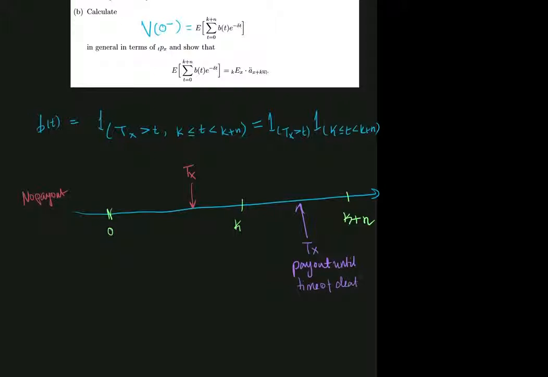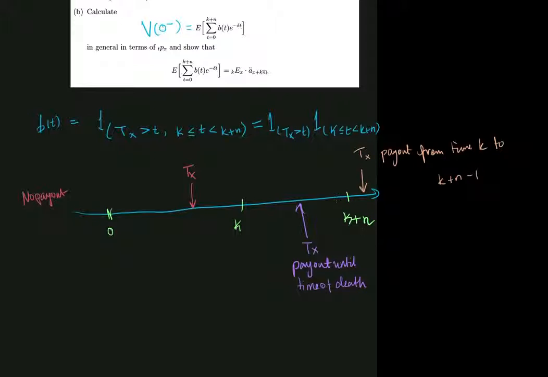And in the last case, if we were so lucky that death occurs after the contract expires, then there is payout from time k all the way to k plus n minus 1, because we have to remember that if we stand in time k plus n, then there is no payment because of this strict inequality.